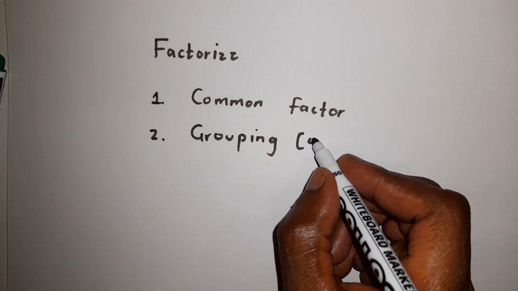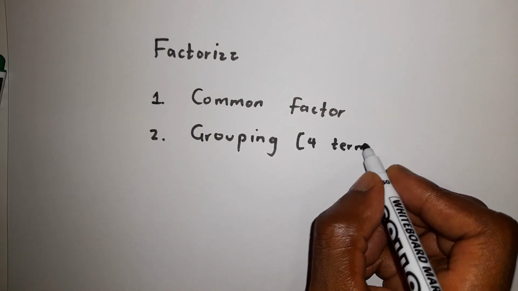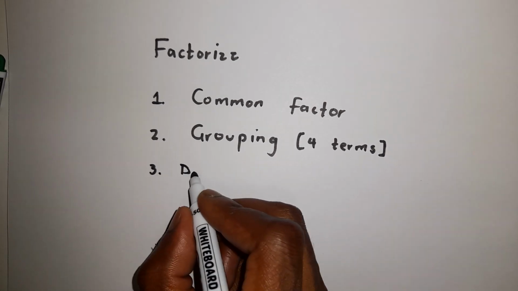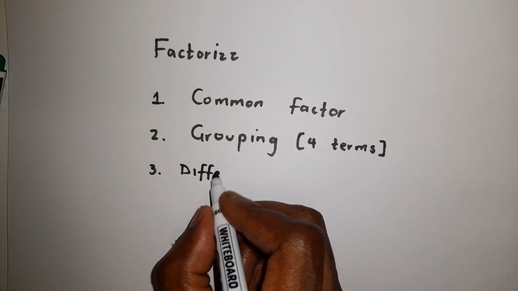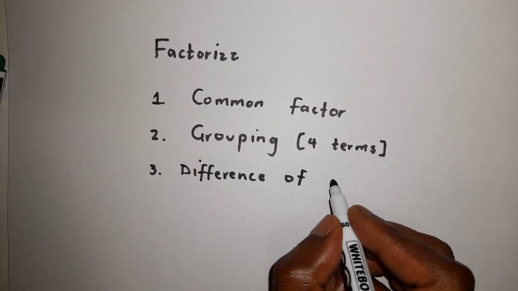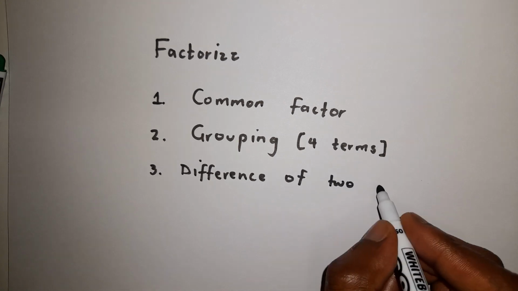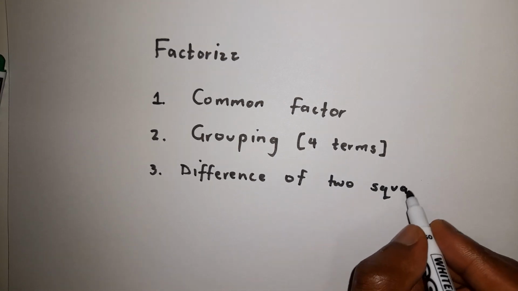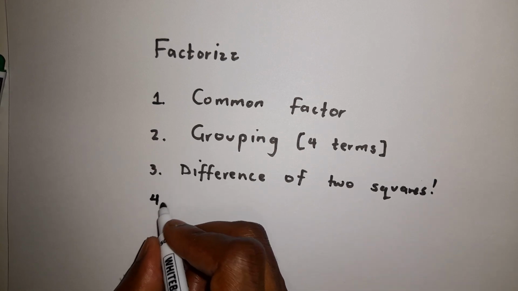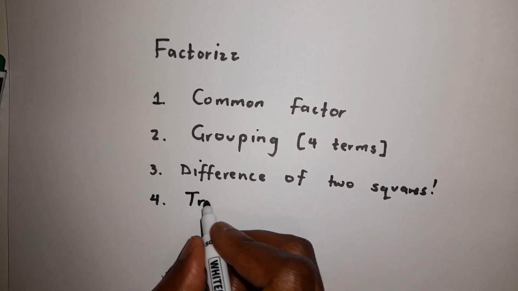This normally happens when you have 4 terms. The third one, in grade 10, you should check if you can factorize using a difference of 2 squares. Then the last technique that you learned in grade 9 was factorizing a trinomial.